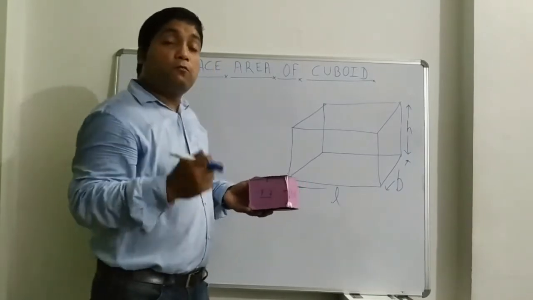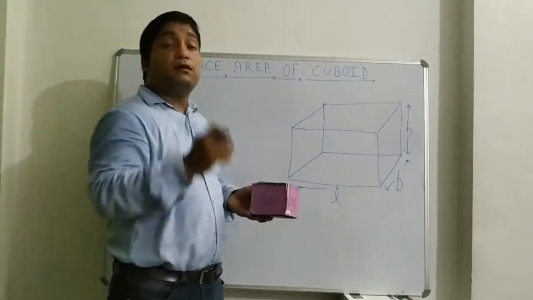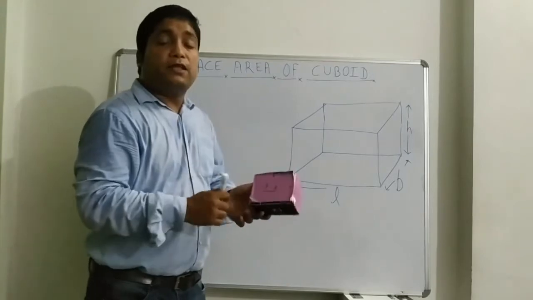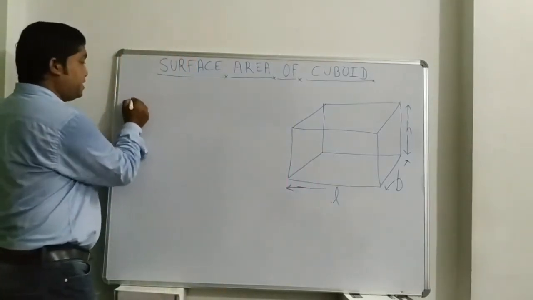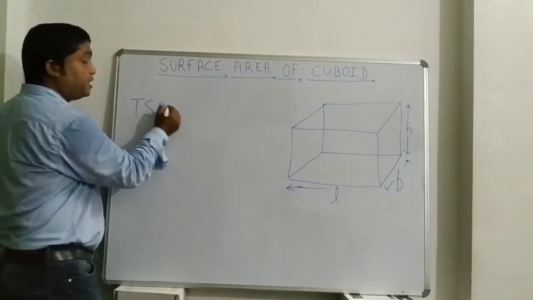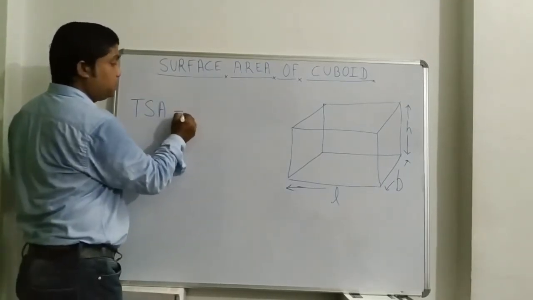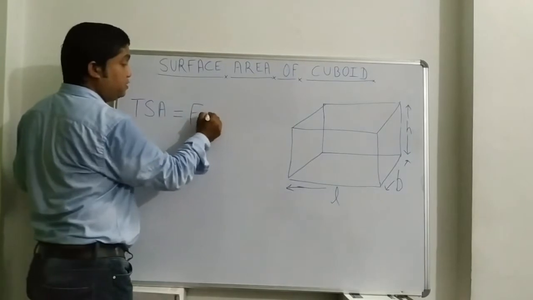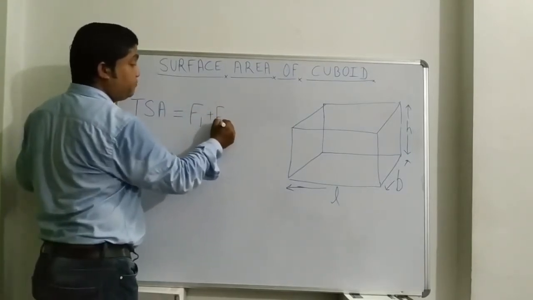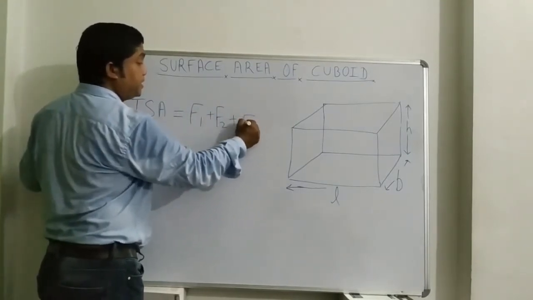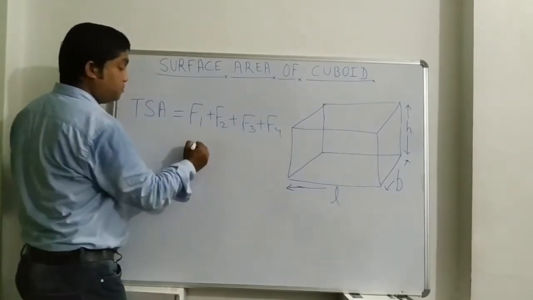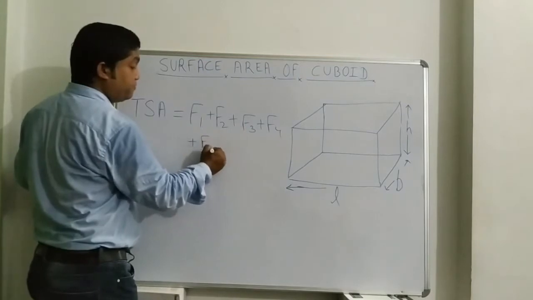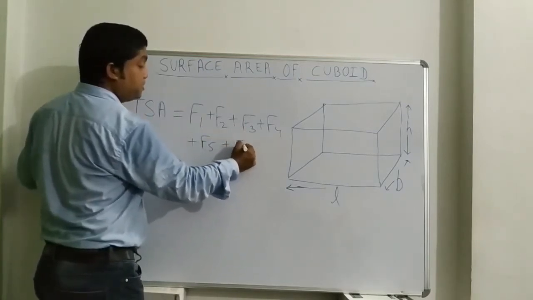So TSA, that is total surface area of a cuboid, is equal to F1 plus F2 plus F3 plus F4 plus F5 plus F6.